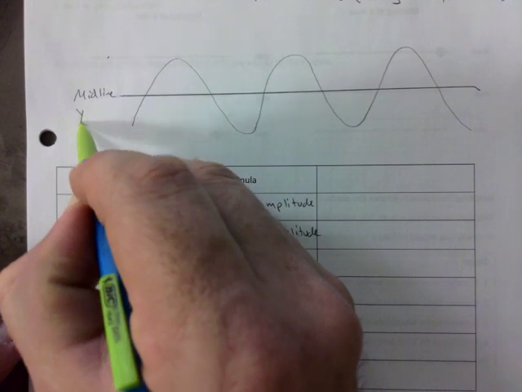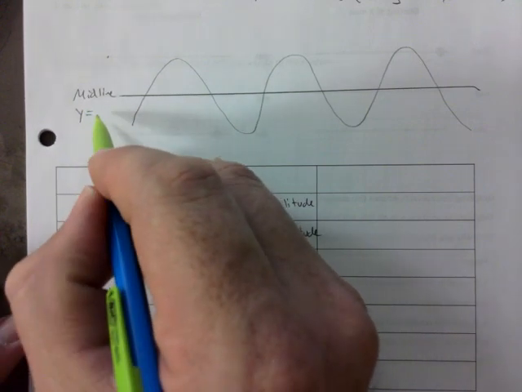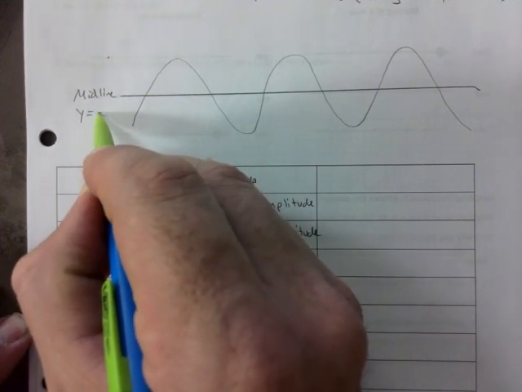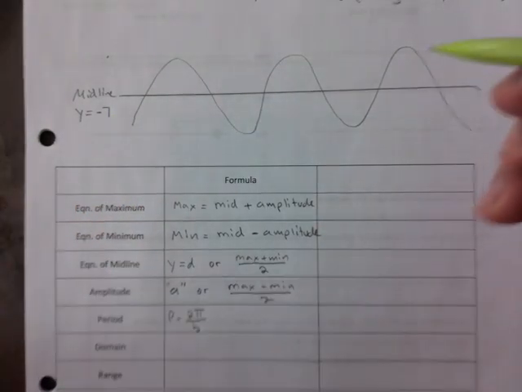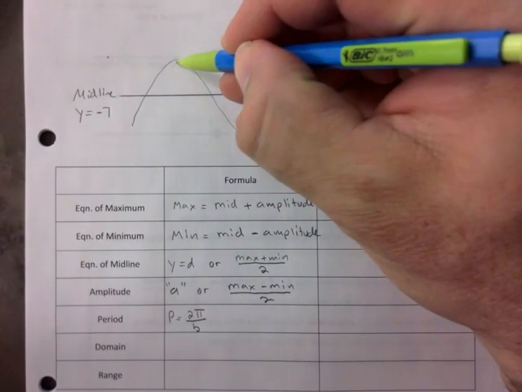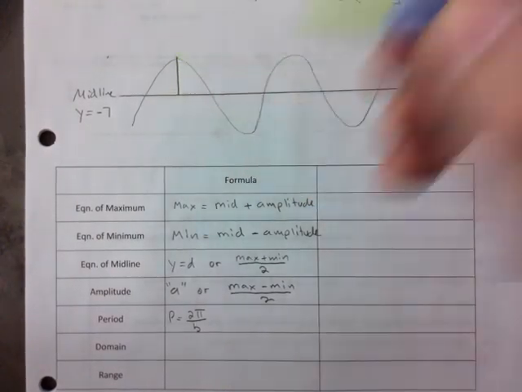Midline is actually y is equal to d. And what is d in this case? It's -7. So that's the midline. What is our amplitude based on this equation? Amplitude is this.